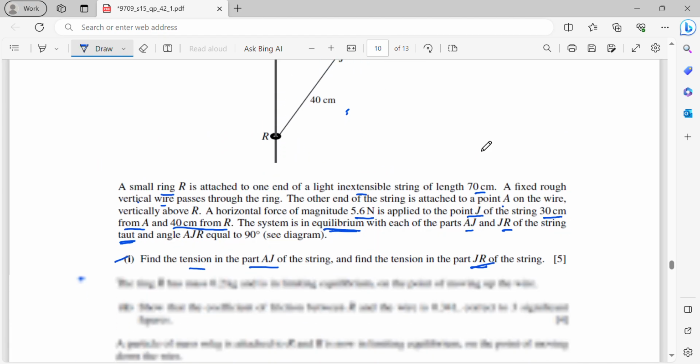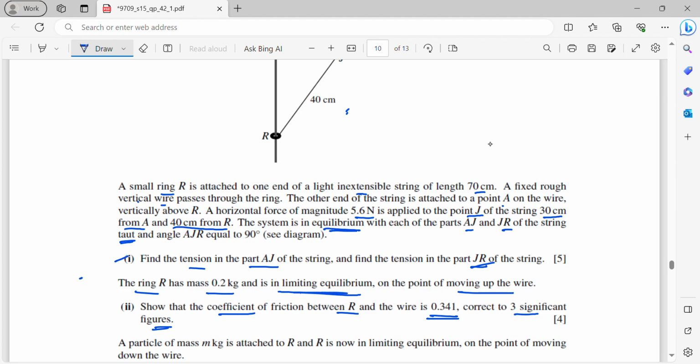It's mentioned that when it is at the limiting equilibrium, it is on the point of moving up. Moving up means that the frictional force is moving down. So this is Fr, and Fr is mu R. You need to show this mu is 0.341. This is what you need to solve now.